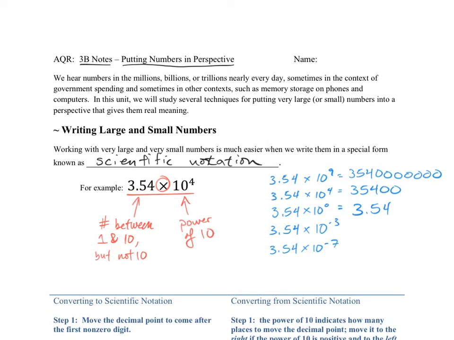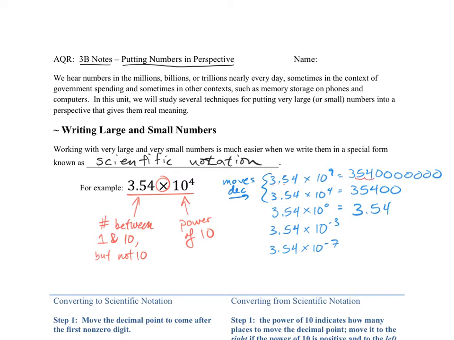So for these up here, as we increase the power of 10, and it's positive, this moves the decimal point to the right. So you can see it started out here between 3 and 5.